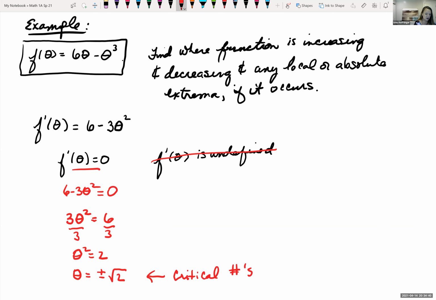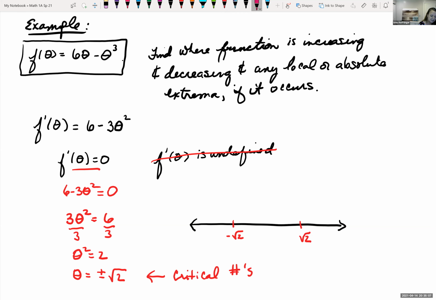Once I've found my critical numbers, I like to put those on my number line, smallest to largest. My smallest critical number is negative root 2, and my largest critical number is positive root 2. So we want to see where this is increasing and decreasing. If we plug a value into the derivative and it's positive, it's increasing there.